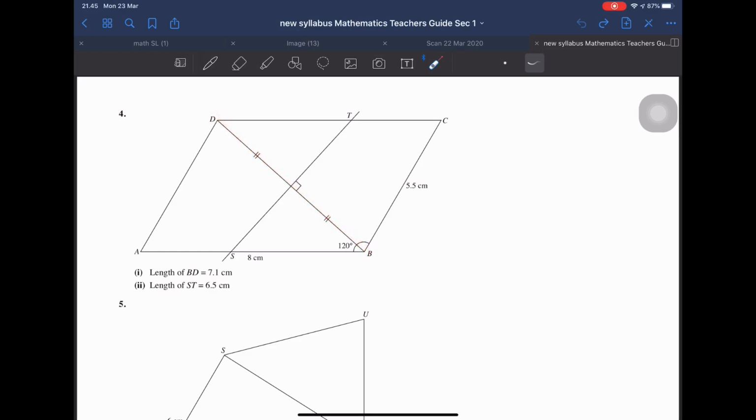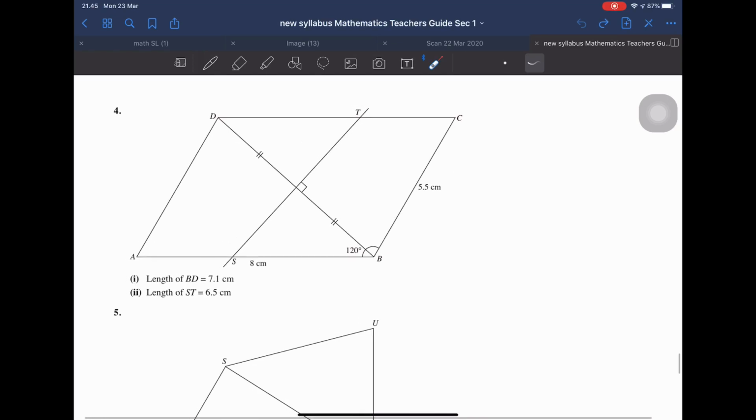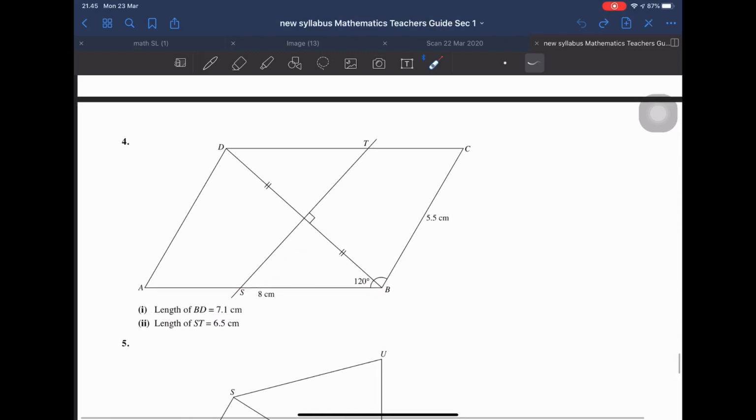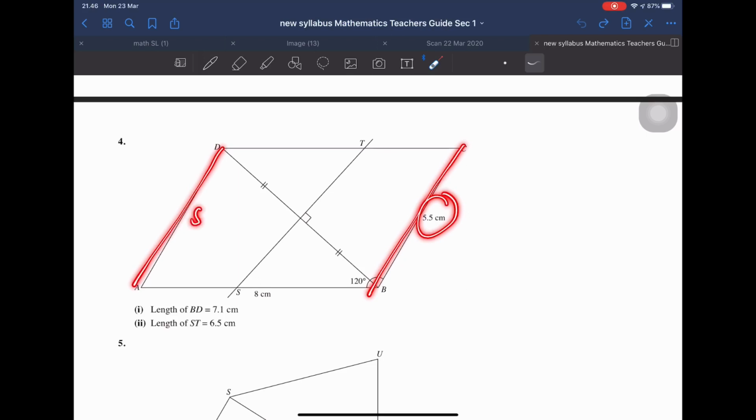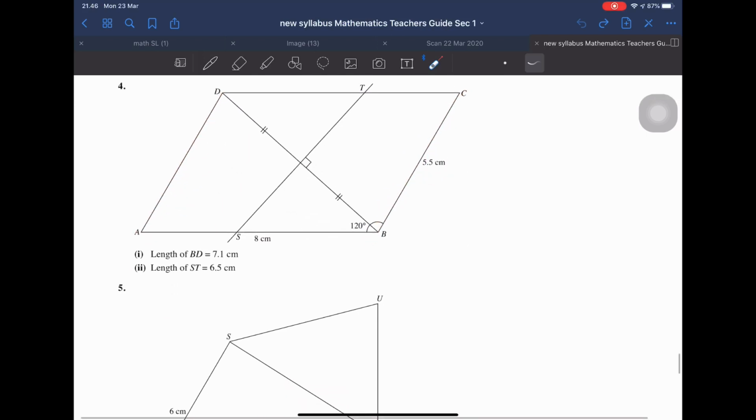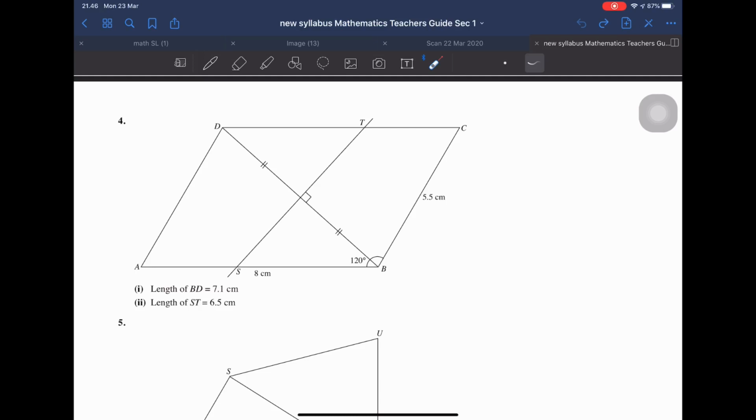So technically, to make BD, you need to complete it first. How do you complete it? Follow the steps from the video. Make sure this length is the same as this length, 8 also, and this one is 5.5. Length of BD, it's 7.1, 2 marks for this.